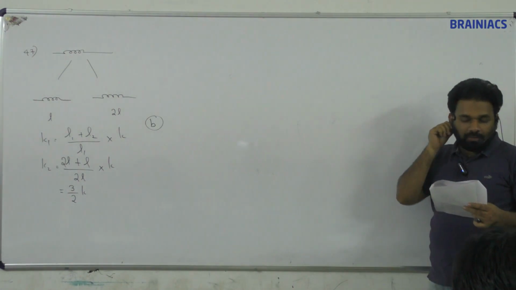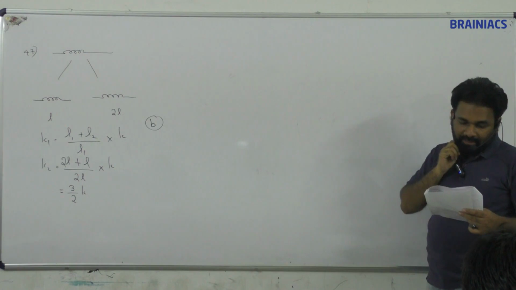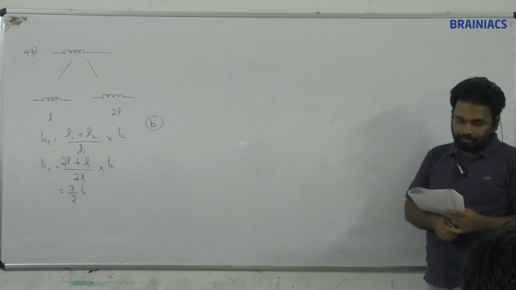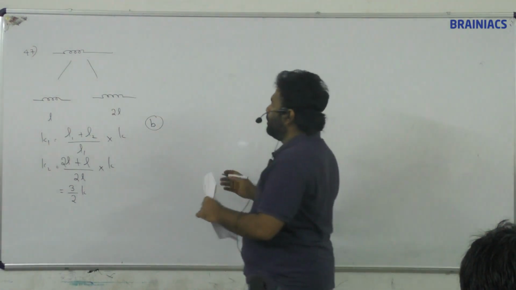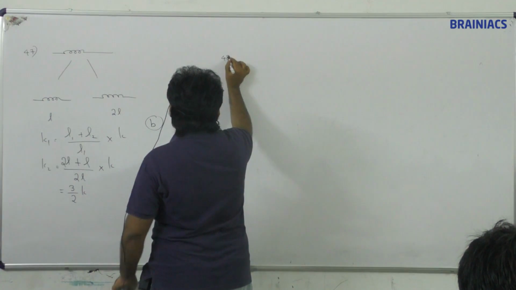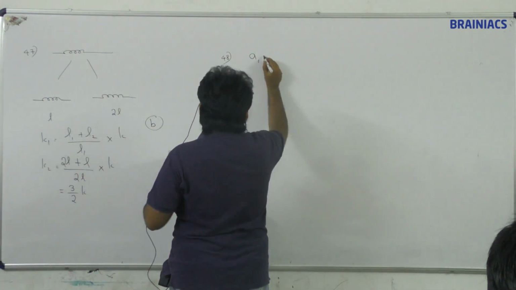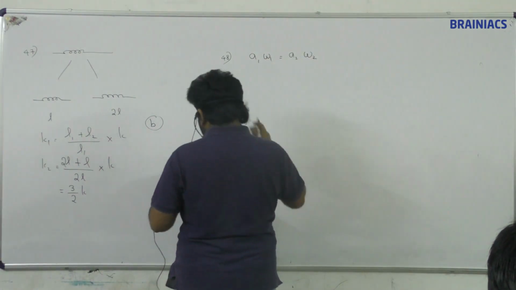If the two bodies oscillate vertically such that their maximum velocities are equal, the ratio of their amplitudes? Question number 48. Maximum velocities are the same, so A1 omega 1 is equal to A2 omega 2.